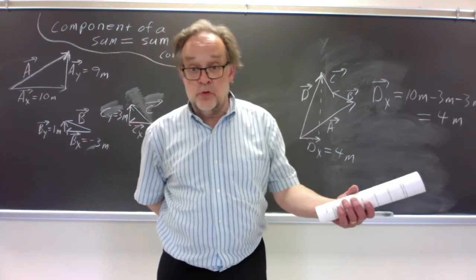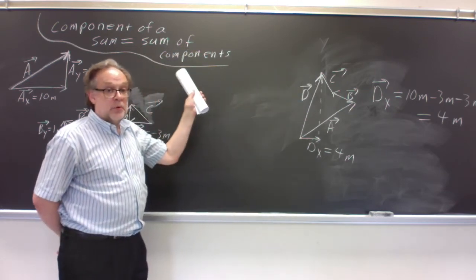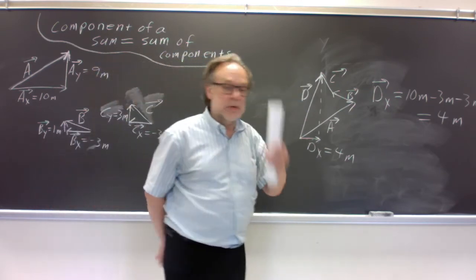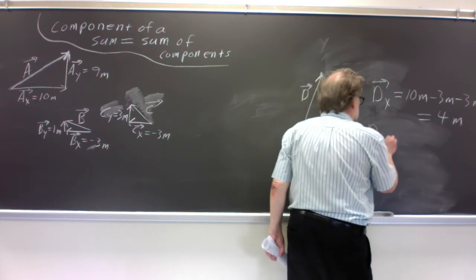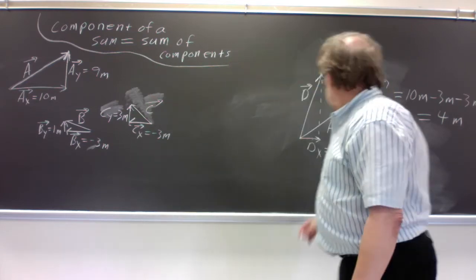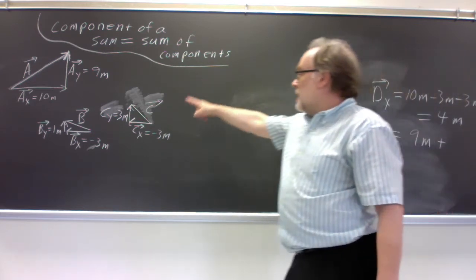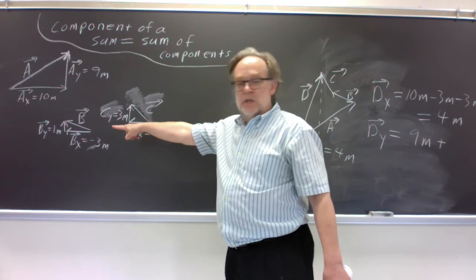And now the same for the y component of D. The y component of the sum equals the sum of the y components. So the y component of A is 9 meters. And then the y component of B is 1 meter.